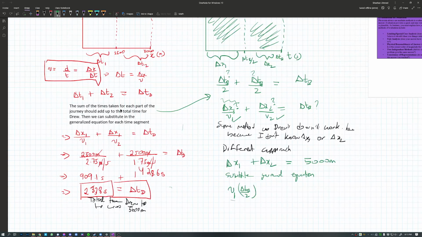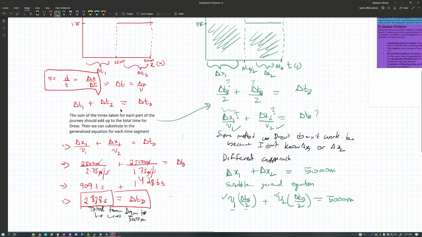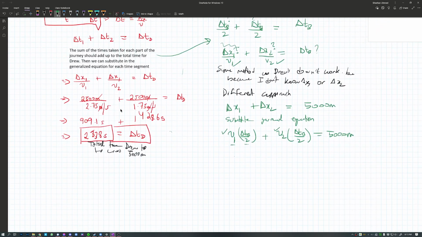You run at the fast speed for that first half of the time, plus v2 times delta TB over 2 equals 5,000 meters. Is this solvable? Yeah, I know v1, I know v2, I can solve for TB over 2. So let me do a little bit more algebra. I get v1 plus v2 times delta TB over 2 equals 5,000 meters.